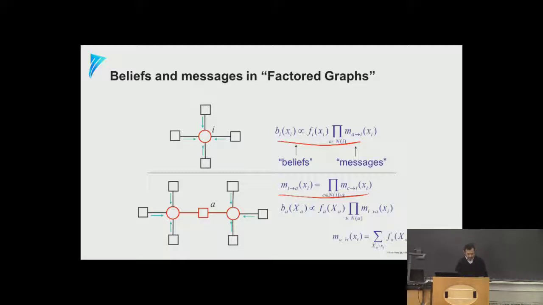You are classifying the messages into two classes. One is coming into a node, and the other is coming out of the factor. Basically, you define factors, which are the potential functions on the graphical model, and also the nodes explicitly into a bipartite graph, and then the messages can be defined from a factor to a random variable, or from a random variable to a factor.